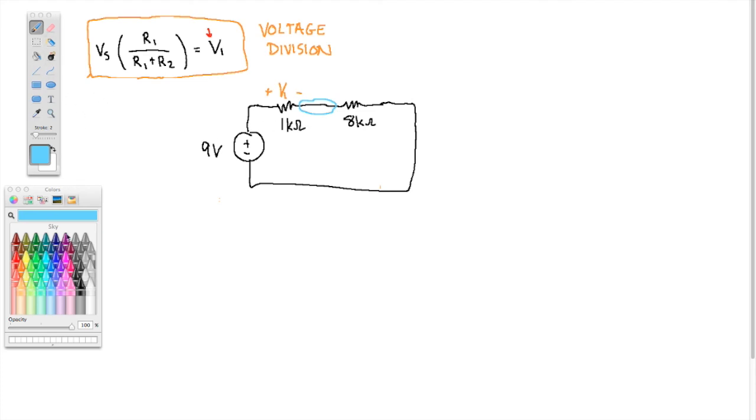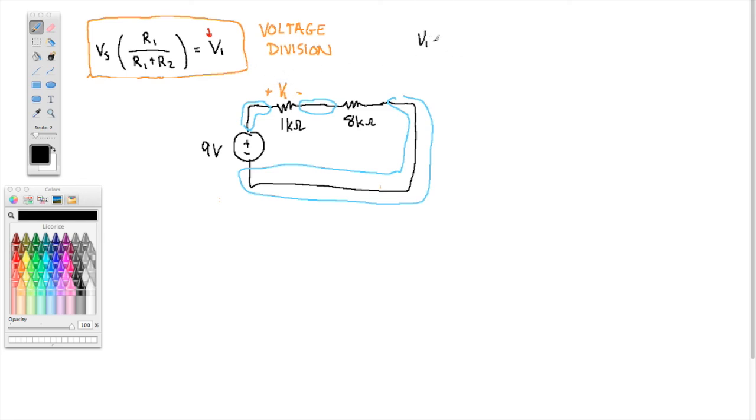So, I can use voltage division because I have the voltage from here to here, which is the voltage across the combination. Okay? I've got the voltage 9 volts across the combination. So I can quickly get the voltage across 1 by using voltage division.